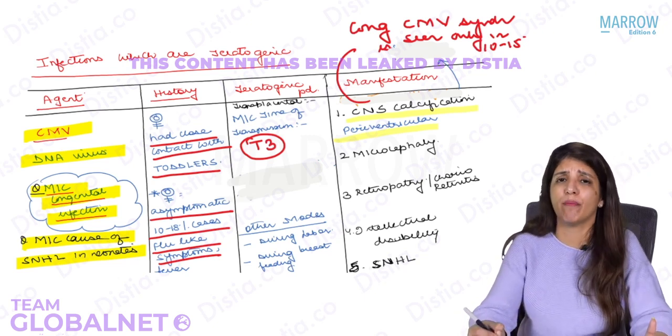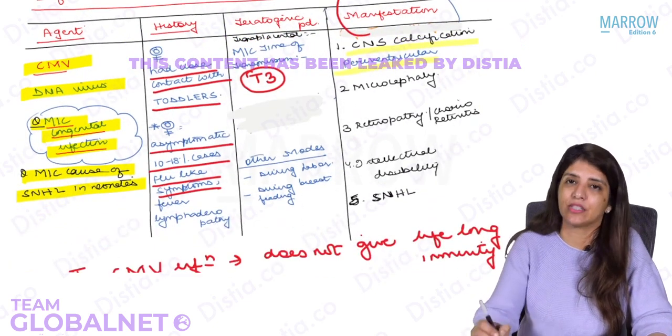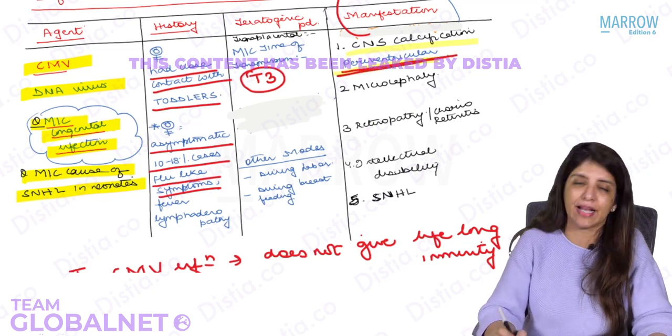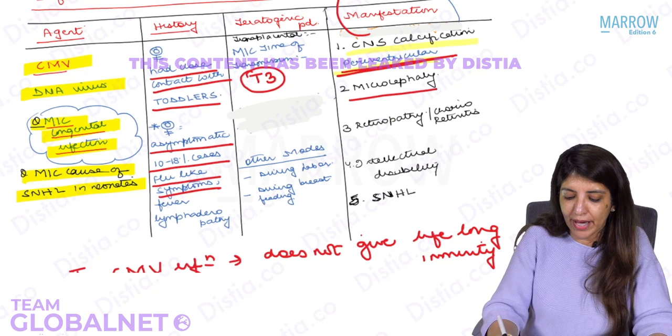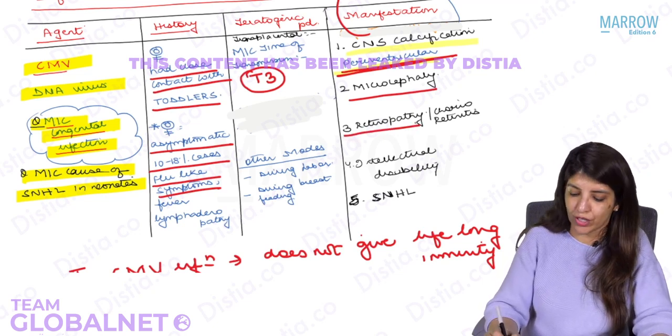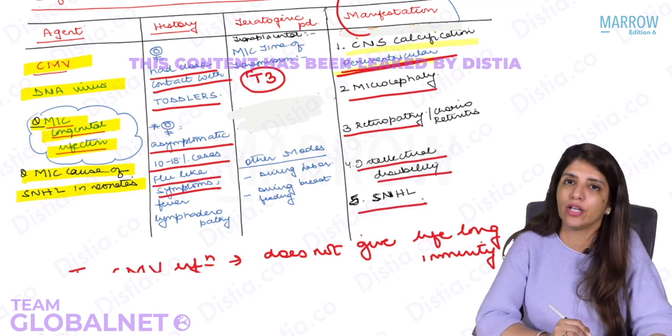And when it is going to happen, what are the features you are going to get? You are going to get CNS calcifications. These CNS calcifications will be periventricular calcifications. There will be microcephaly, eye lesions like chorioretinitis or retinopathy, intellectual disability, and sensory neural hearing loss.